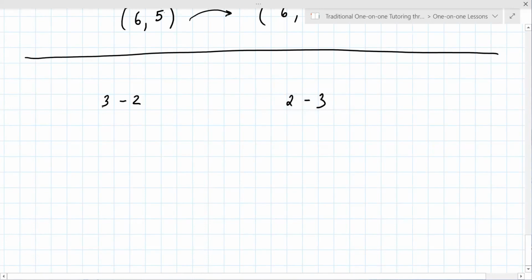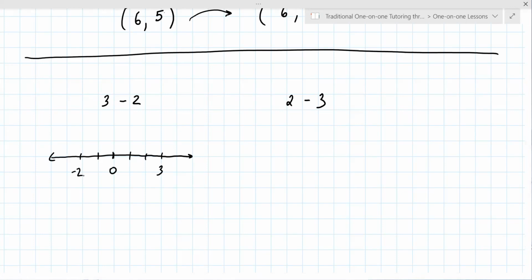So is 3 further from 0 or is -2 further from 0? Here's 0, 1, 2, 3. There's 3. There's -2. Which is further from 0? It's 3. So that tells you the answer is positive.